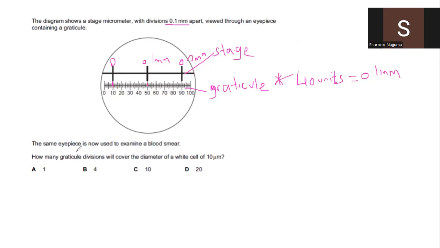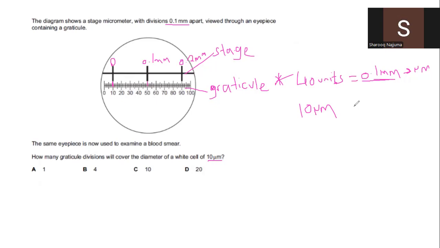So they're telling us the same eyepiece unit is now used to examine a blood smear. How many graticule divisions will cover the diameter of a cell that is 10 micrometers? So they are giving me the size of a cell. A cell is 10 micrometers. Now this means I have to change this 0.1 millimeters to micrometers first, so that I use the same units.